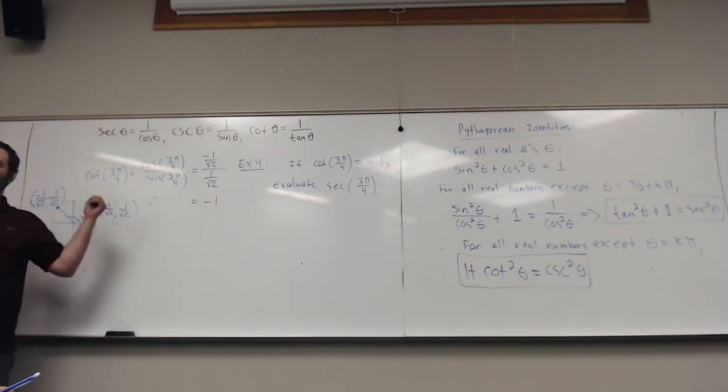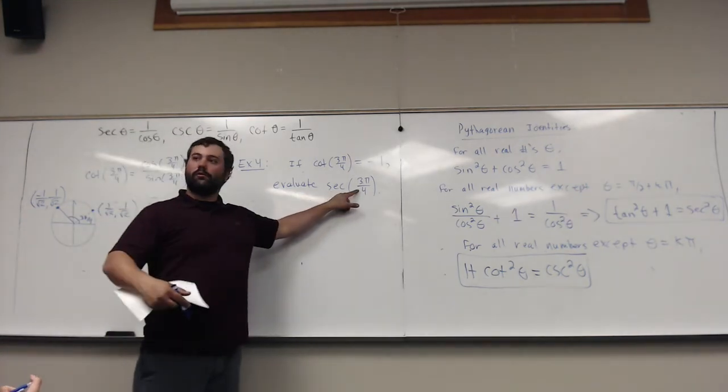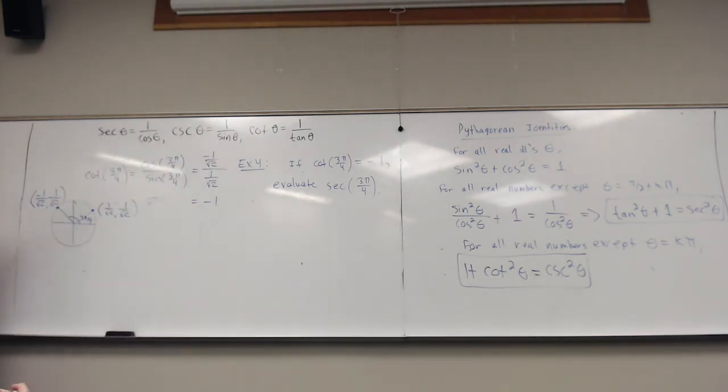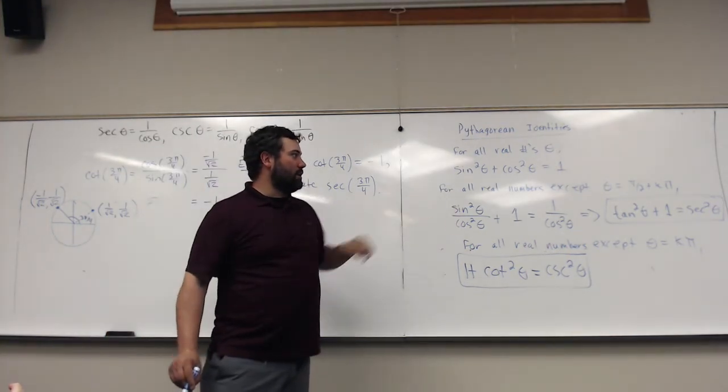I could just use the unit circle again. Secant 3 pi over 4 is 1 over cosine 3 pi over 4, which is 1 divided by this x coordinate. So I know the answer is going to be minus root 2 if I just use the unit circle and the fact that secant is 1 over cosine. Okay, this could be evaluated by hand. I'm just doing it this way just to emphasize these identities.